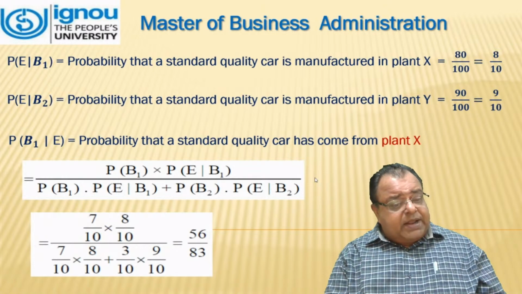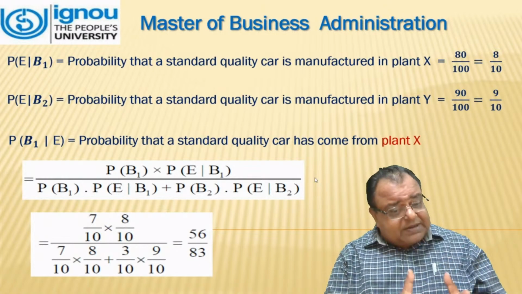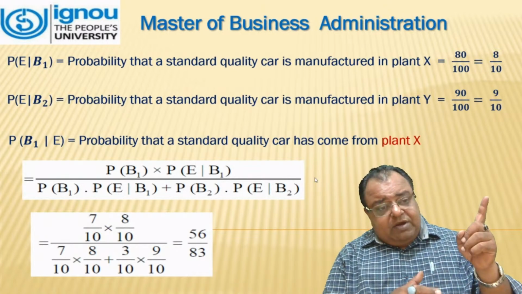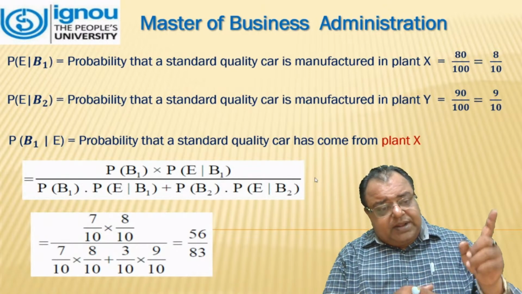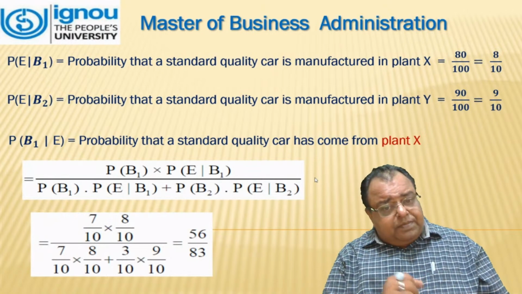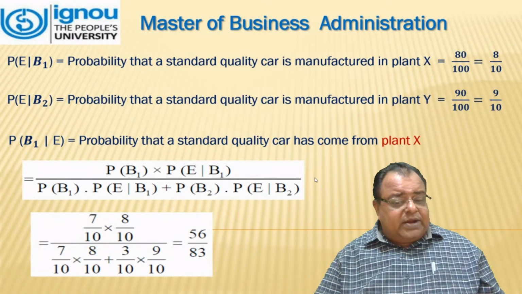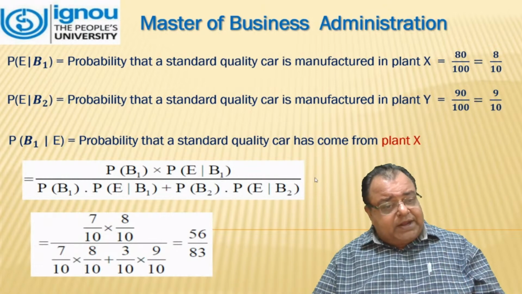In the denominator, we will get these values plus the selection of plant and their respective quality manufacturing probability, that is 9 by 10. We are going to get 56 by 83.